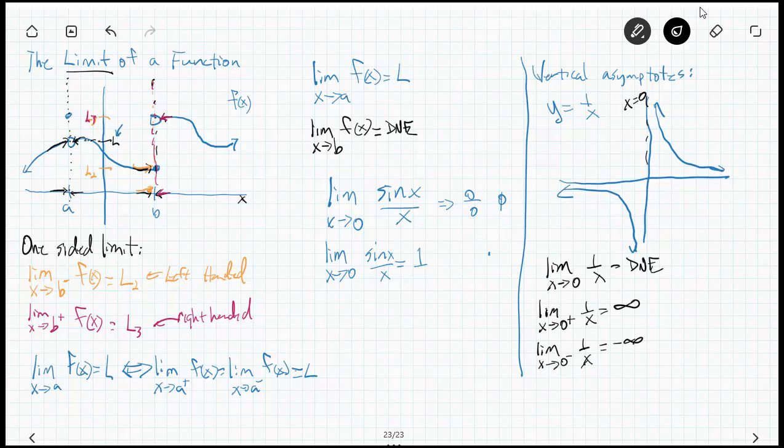Now, the cool thing is we now have a rule for determining vertical asymptotes.